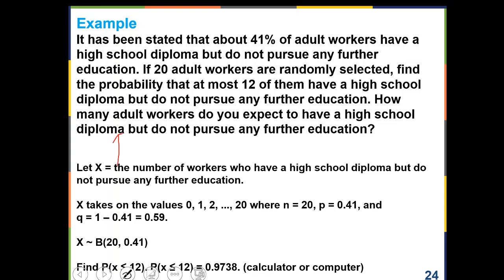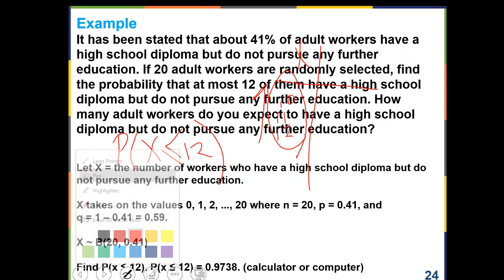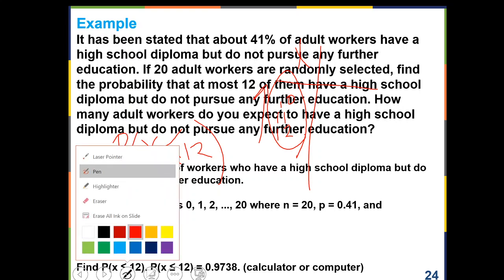So at most 12 means X has to be less than or equal to 12. So you see, you have to go to 12, right? In the table, we have to go to 12, right? And then 11, and then 10, and go all the way to 0, right? And then add them all up. Now that's difficult to do. There's a lot of work.